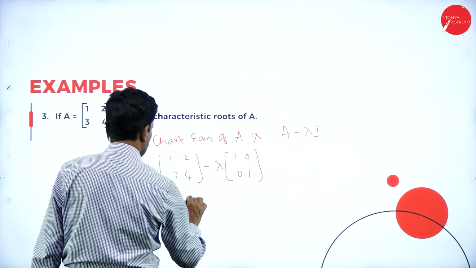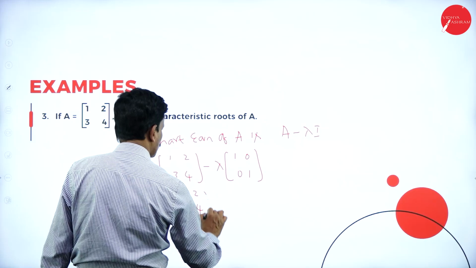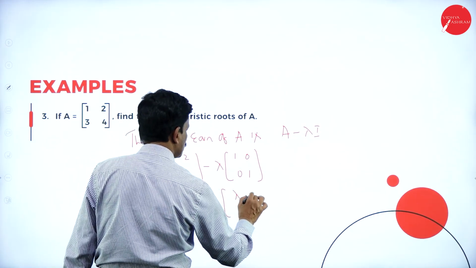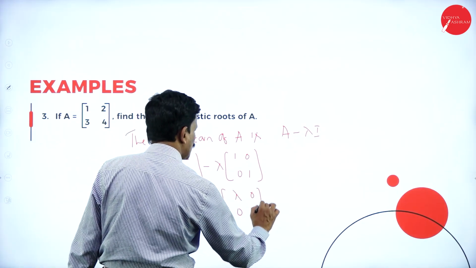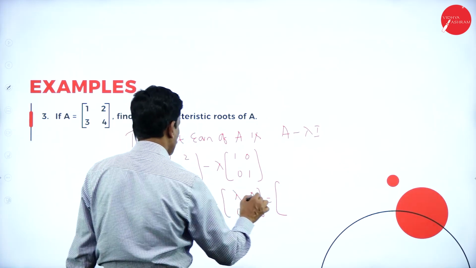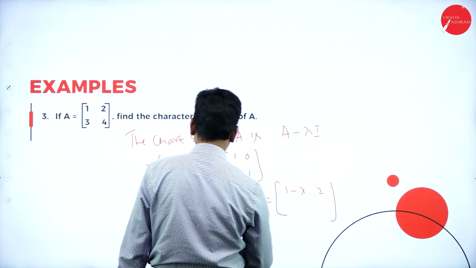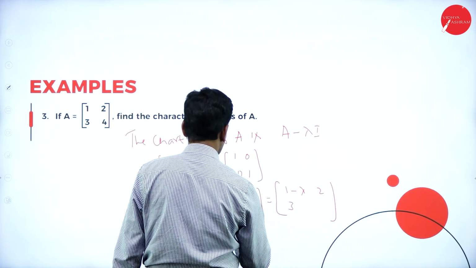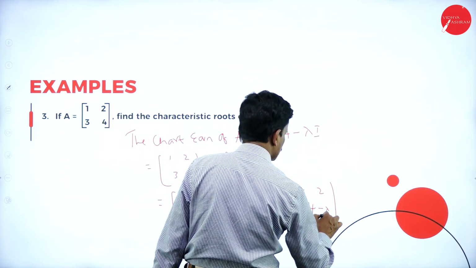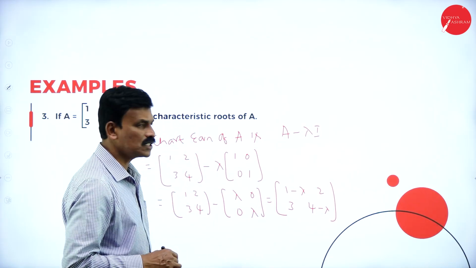So, this is [1, 2; 3, 4] minus [lambda, 0; 0, lambda], which equals [1 minus lambda, 2; 3, 4 minus lambda]. This is the characteristic matrix.